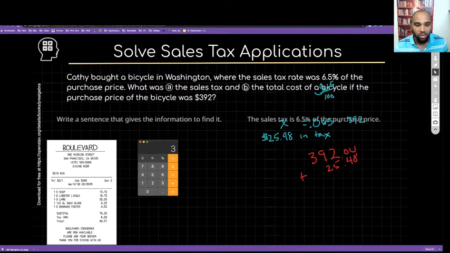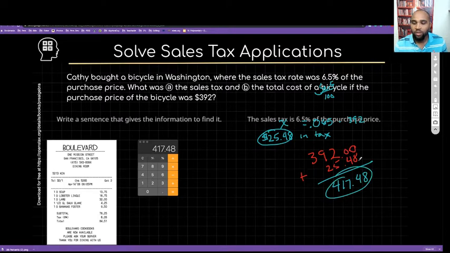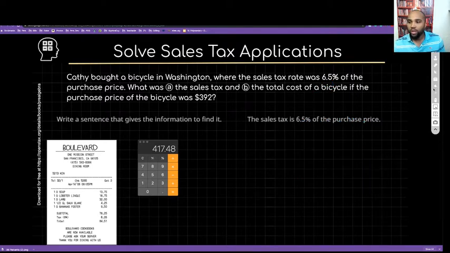So we can just go straight to here, 392 plus 25.48. And there we are. So we answered both questions. This gives us 417.48. So what was the sales tax? 25.48, and the total is 417.48.